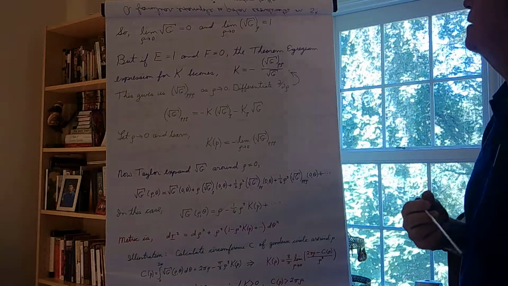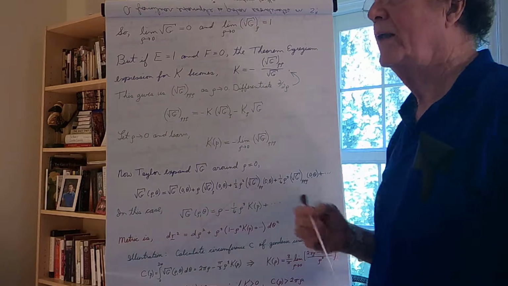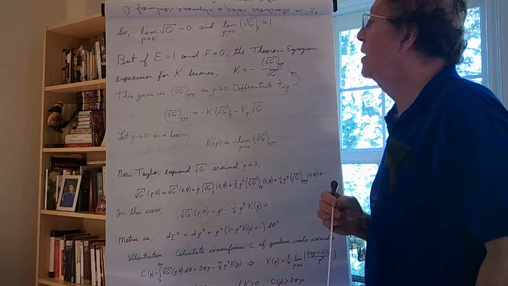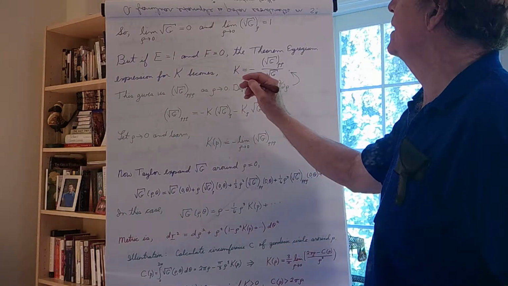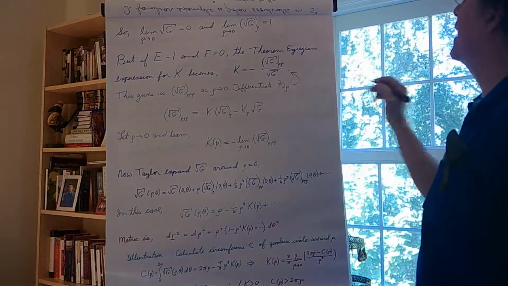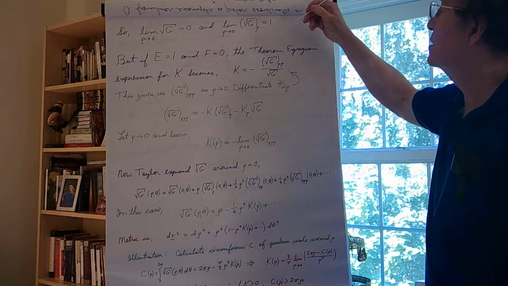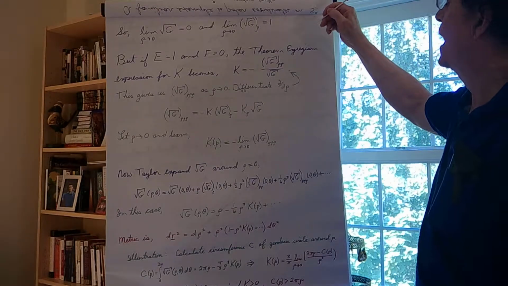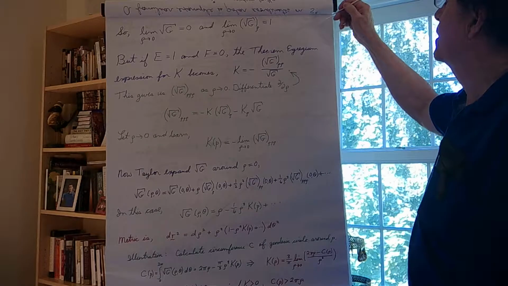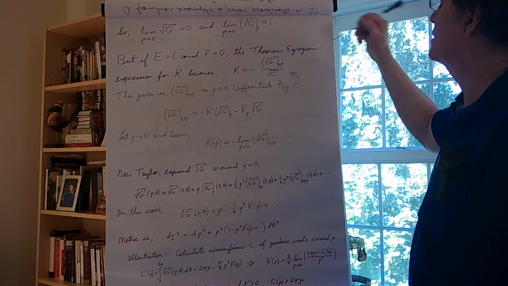Now I can write down, for example, the Gaussian curvature in this language at the point P, because here we have that E is equal to 1 and F is equal to 0. So looking back at the excellent theorem of Gauss, the expression for K reduces down to just minus the second derivative of the square root of g in the rho direction divided by the square root of g.